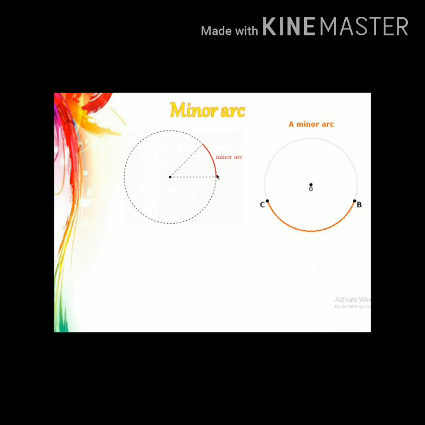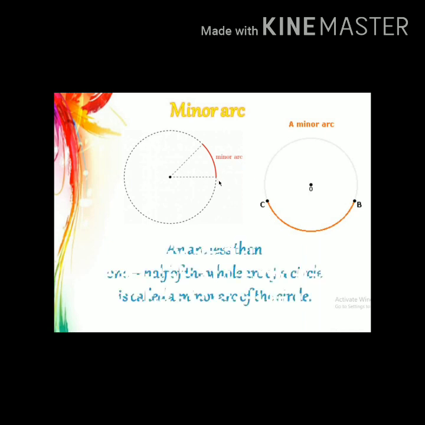In another way, we can say that the length of this arc is less than half of the whole circle, or it is less than the length of the semicircle, right? Yes, then it is called minor arc.